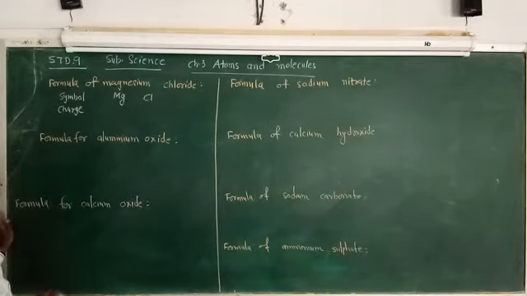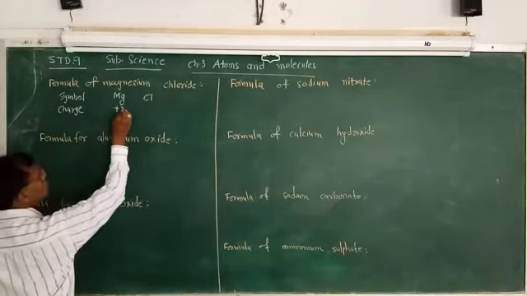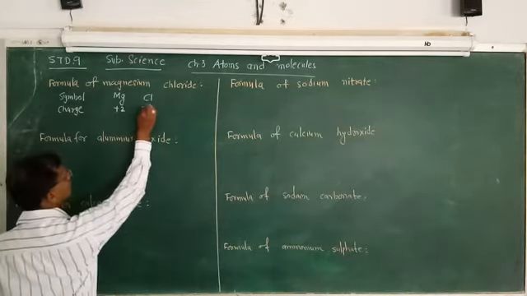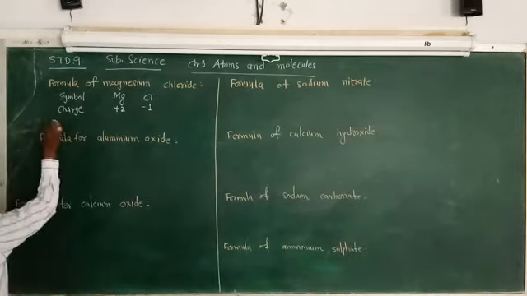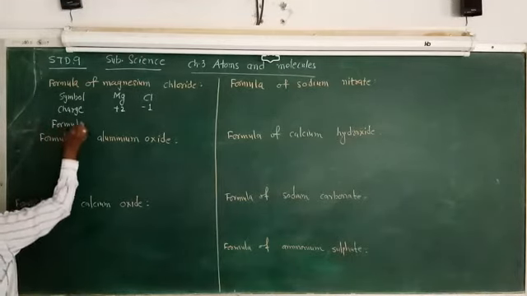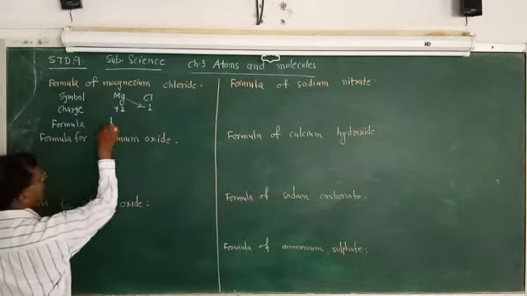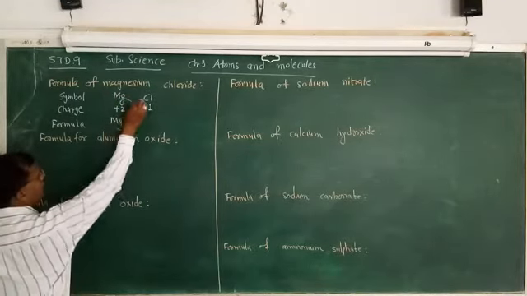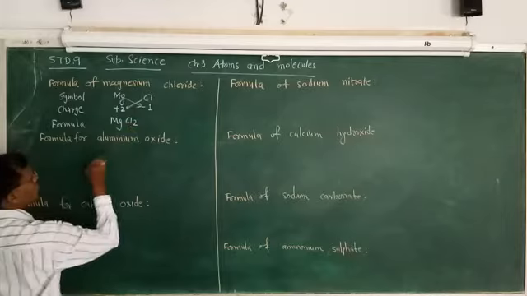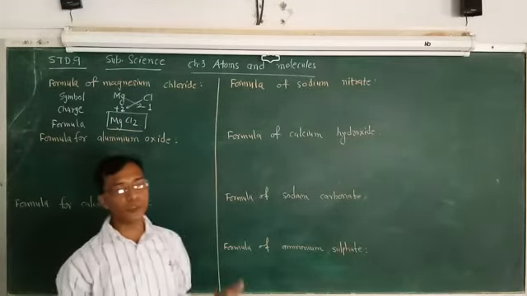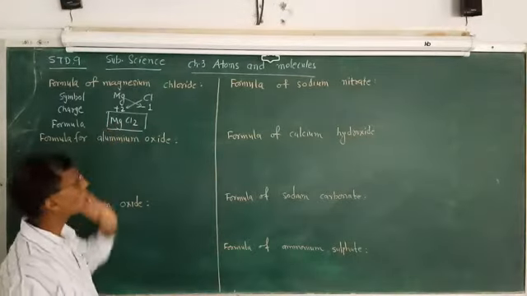Charge of magnesium is +2 and charge of chlorine is -1. So what is the formula? The formula of magnesium chloride is MgCl2.